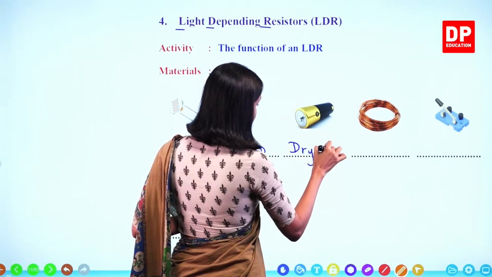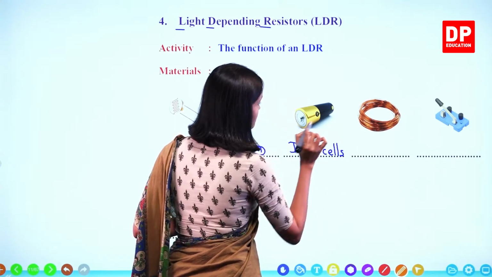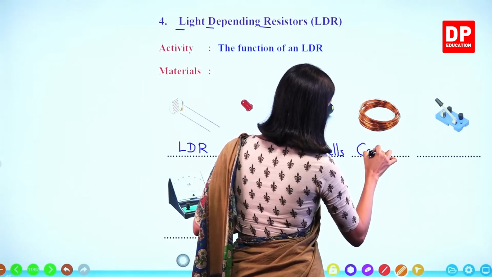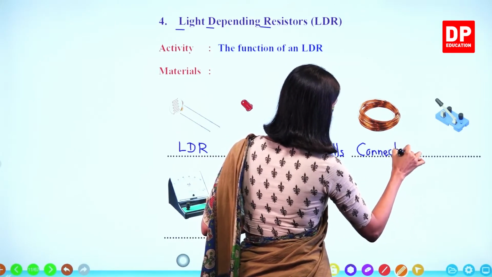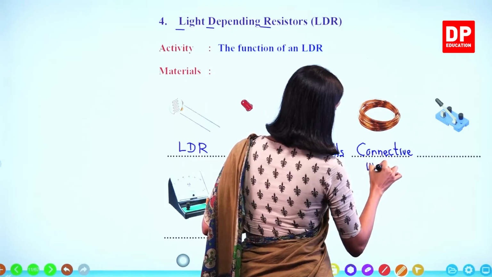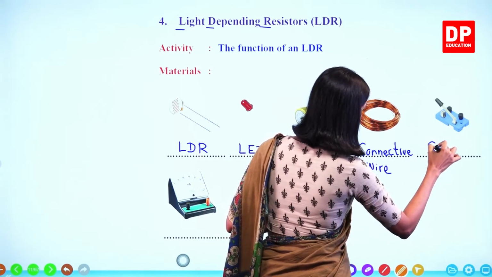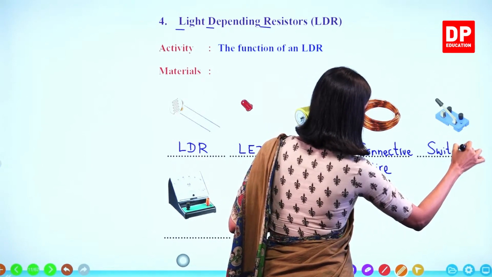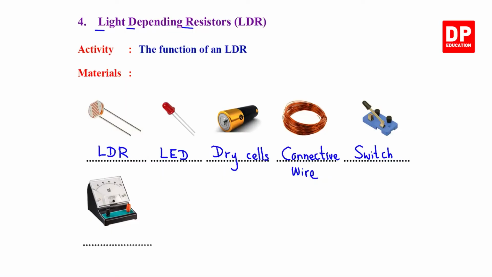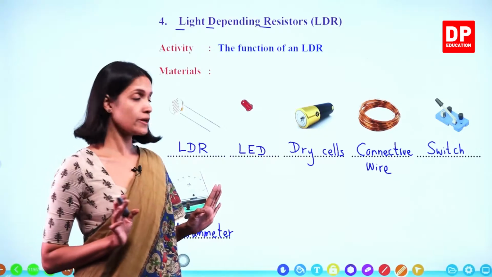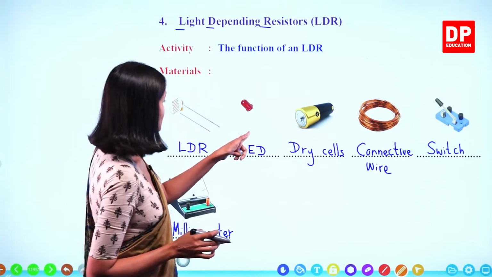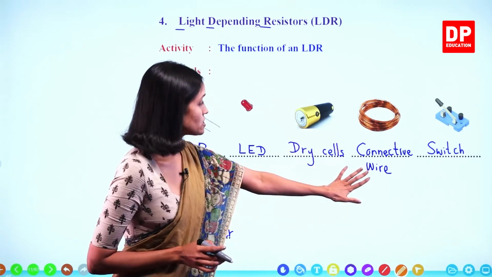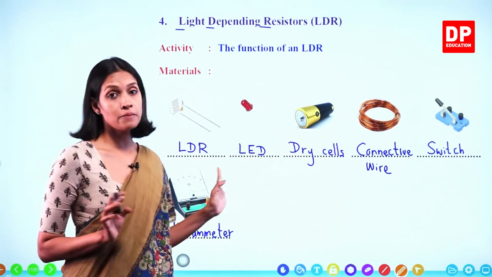Dry cells, connective wire, we need a switch and a milliammeter. Okay, LDR, LED, dry cells, connective wire, switch and a milliammeter.